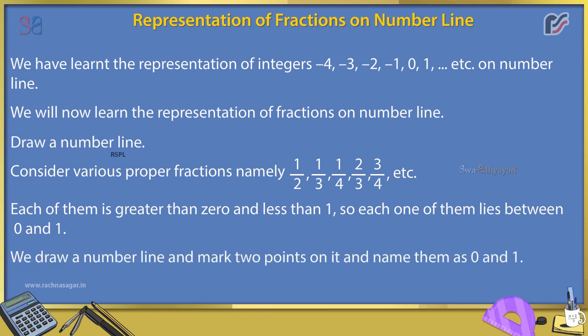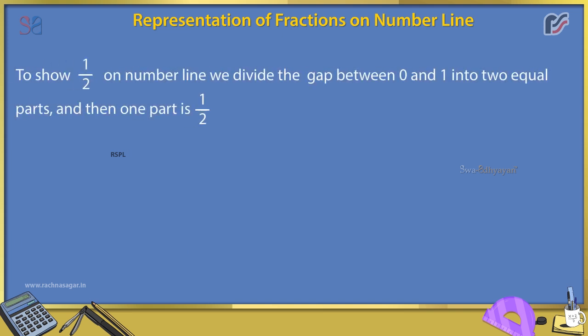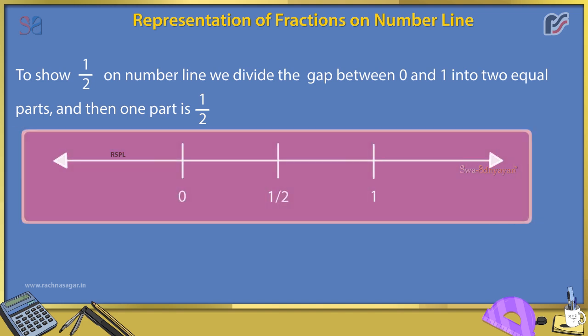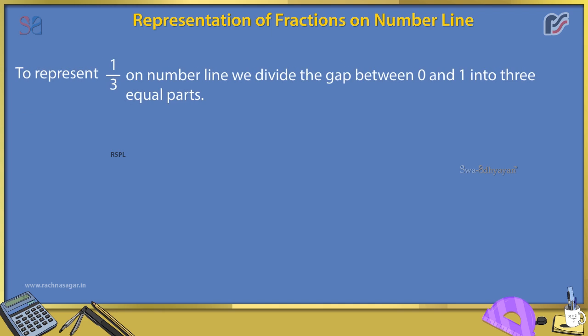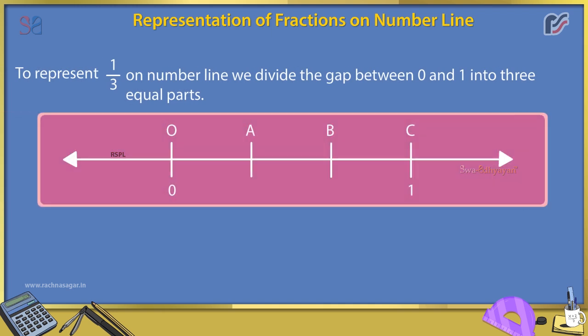We draw a number line and mark 2 points on it and name them as 0 and 1. To show 1 by 2 on number line, we divide the gap between 0 and 1 into two equal parts, and then one part is 1 by 2. To represent 1 by 3 on number line, we divide the gap between 0 and 1 into three equal parts.